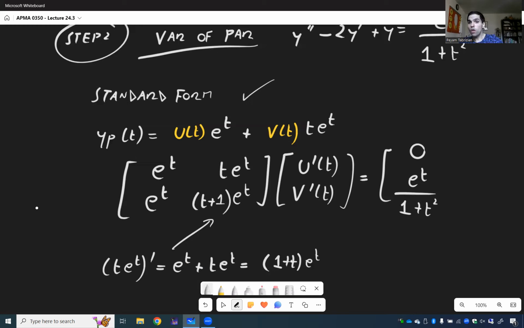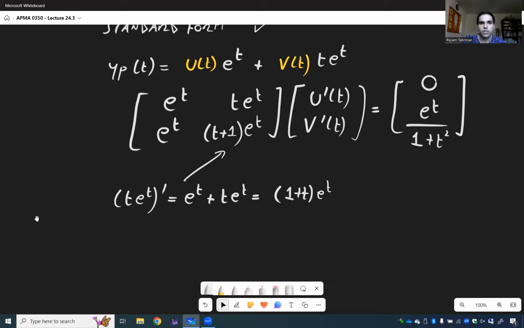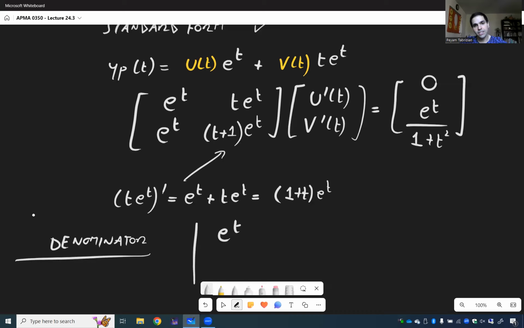All right, and now we want to use Cramer's rule. So let's first look at the denominator, so the determinant. Again, you will see it makes it easier. So let's do the determinant of e to the t, t e to the t, and then e to the t, t plus 1 e to the t.